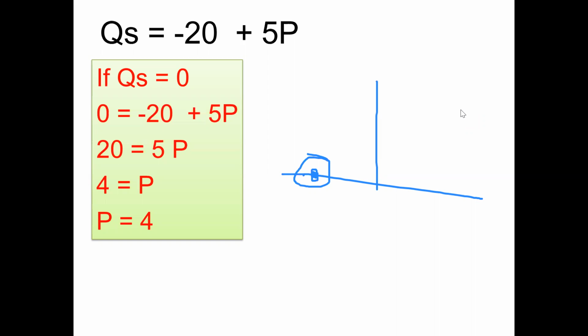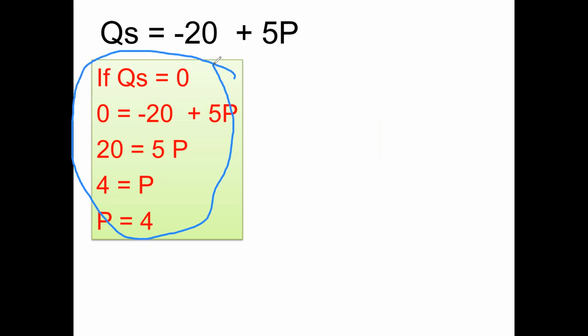Substituting 4 rupees for the p value. When you apply 4 rupees for the p value, you get Q as 0. We have already found that. We have the starting point of the supply curve, but we need to find one more point. What do we do to find the next point?